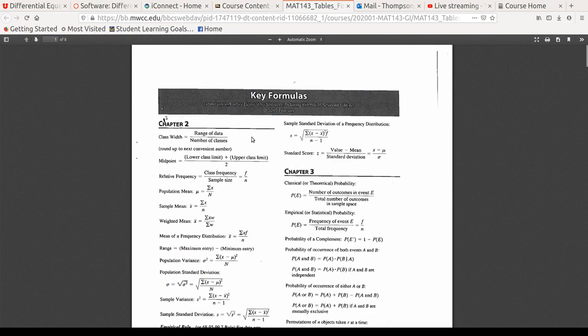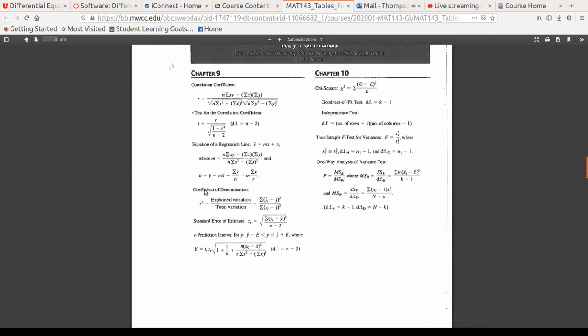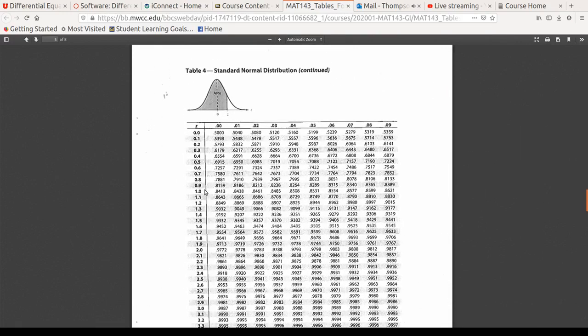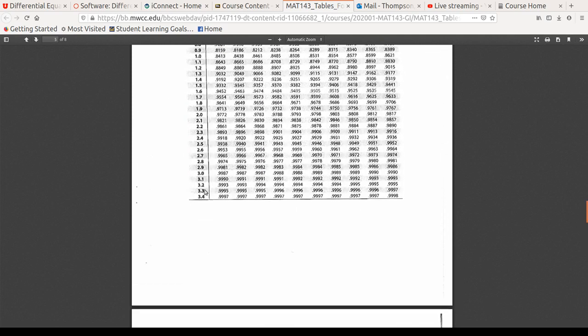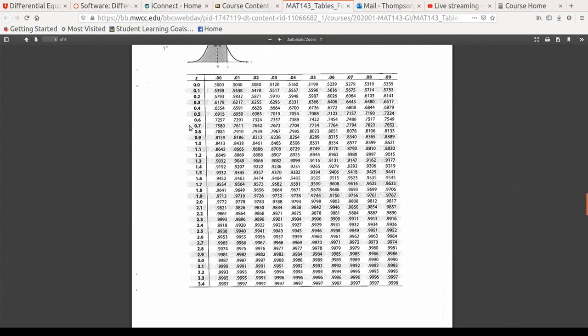Here's our standard normal table. We're going to start with our larger value, which is 0.75. There's 0.7, and there's 5. So it's 0.7734, right? 0.7, 5, 0.7734.